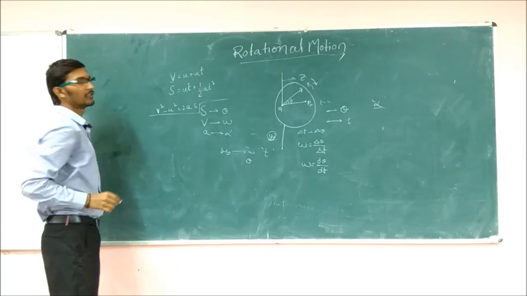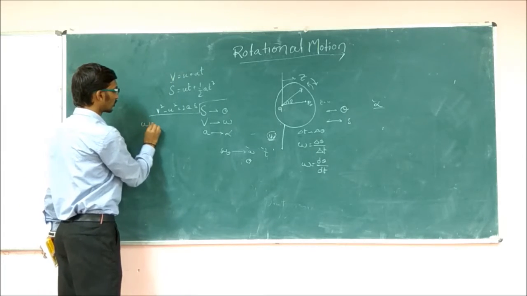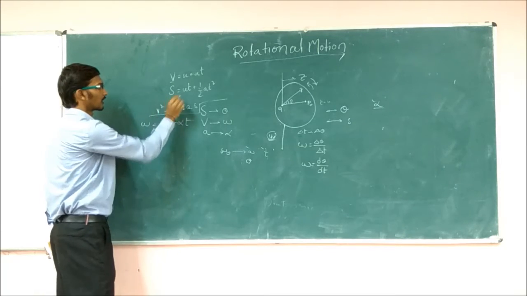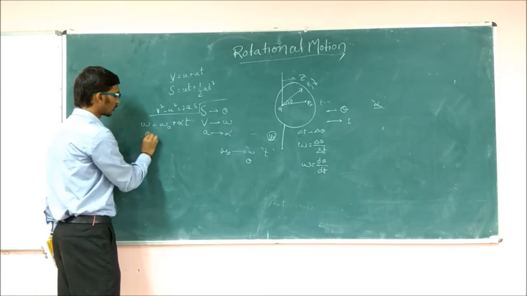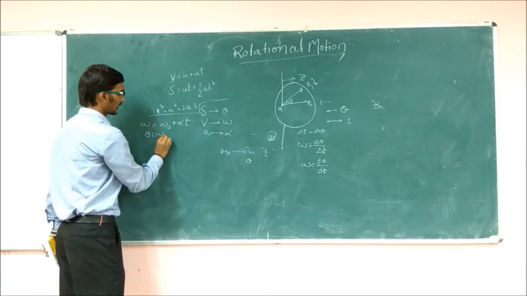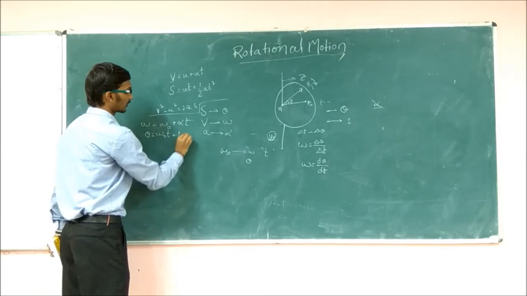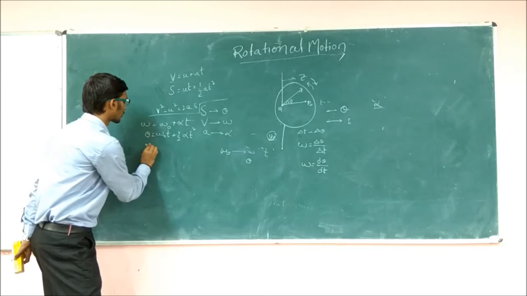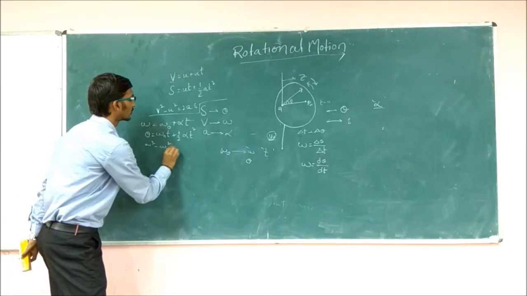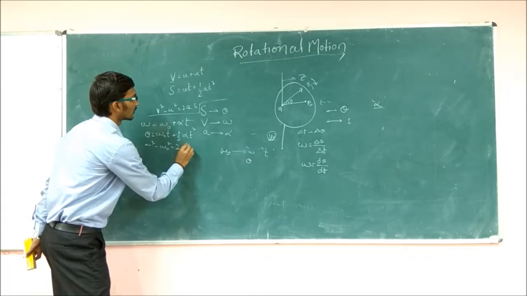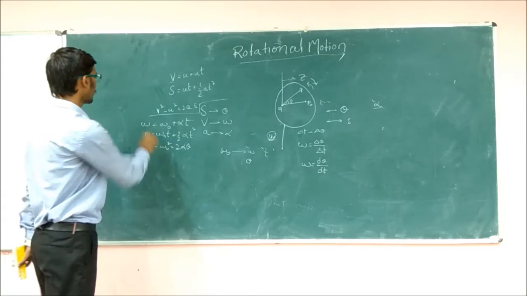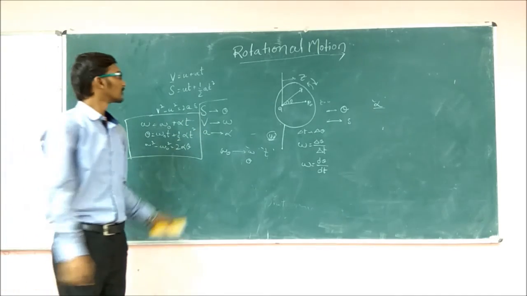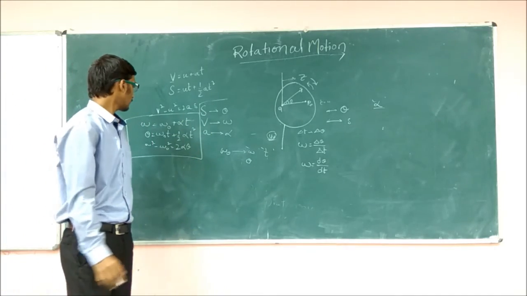For v is equal to u plus at, omega is equal to omega naught plus alpha t. For s is equal to ut plus half at square, theta is equal to omega naught t plus half alpha t square. For v square minus u square is equal to 2as, omega square minus omega naught square is equal to 2 alpha theta. So these are the equations of motion for a body having rotational motion.